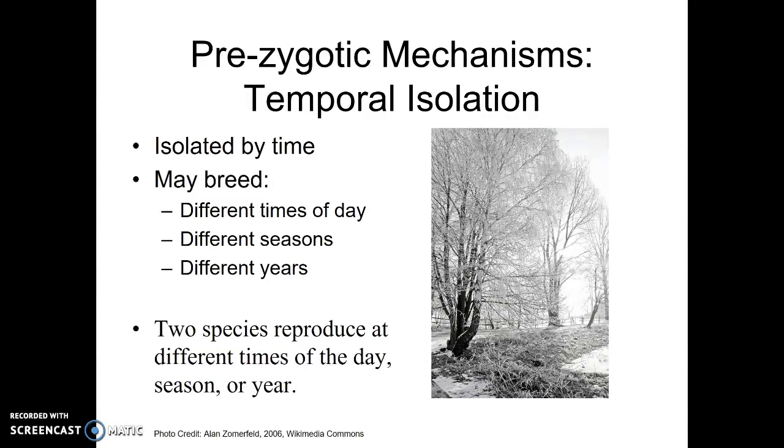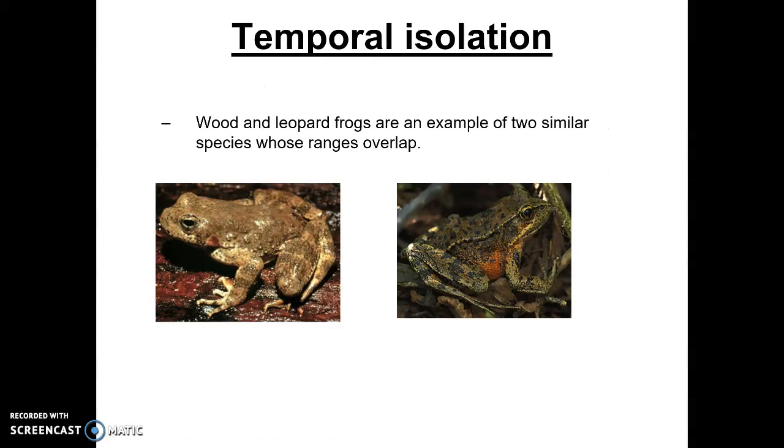They don't mate because one group might mate in the morning and one group might mate at night, which seems really drastic. But for fireflies and dragonflies, for example, which only live for about 4 or 5 days, day and night is a long time. Here are some examples of temporal isolation. We have the wood frog and the leopard frog.